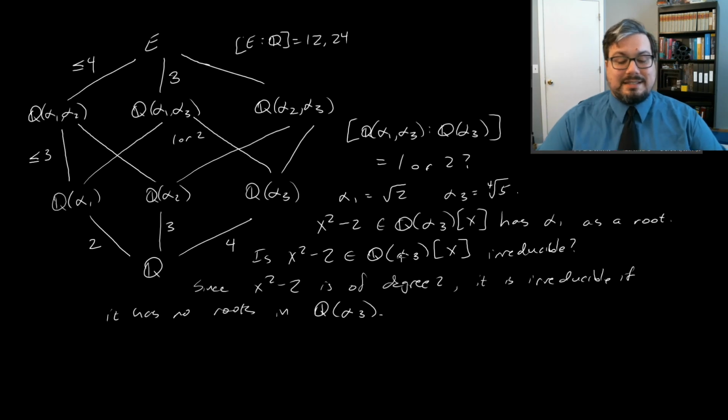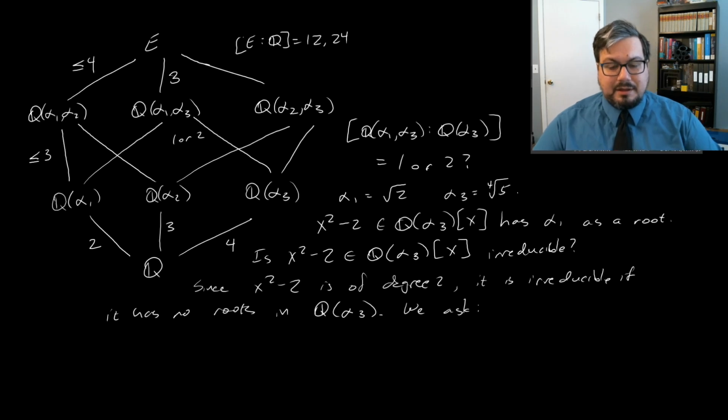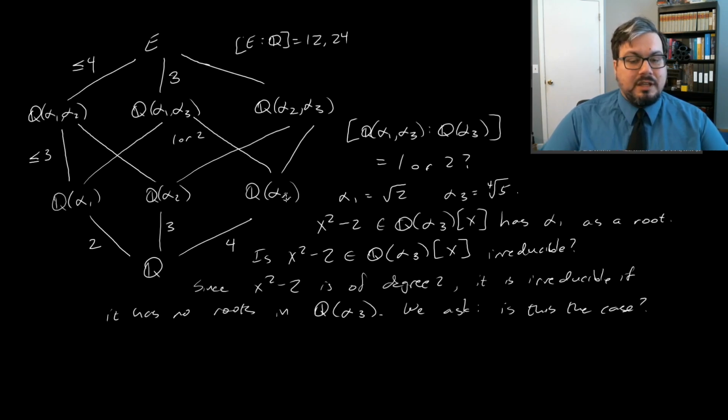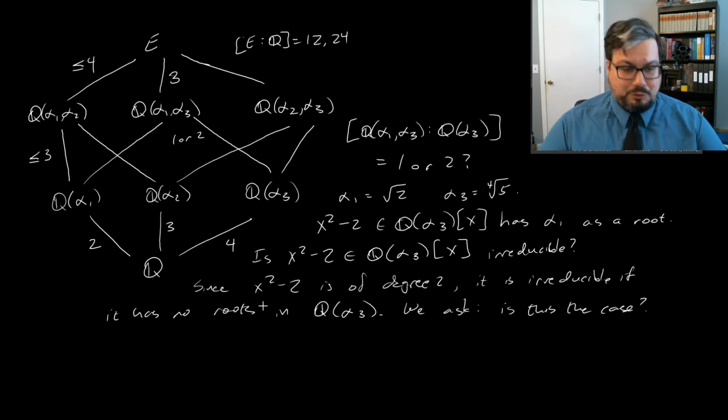So we just need to see, is this the case? Can we find a root of x squared minus 2 in the field Q(alpha 3)? Now, I'm going to move to another page for this.